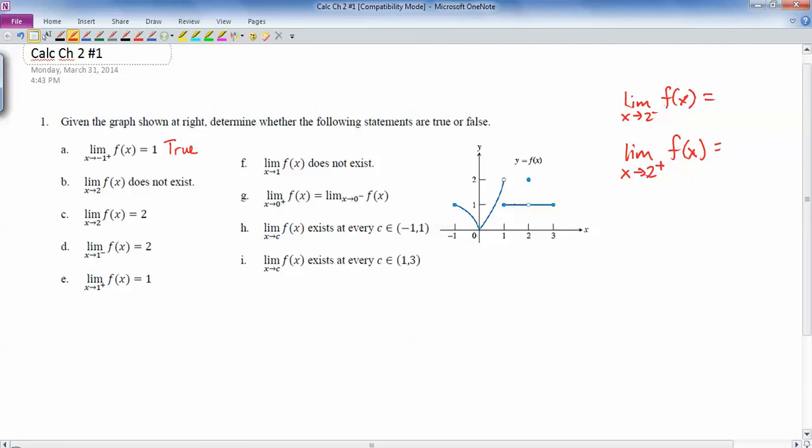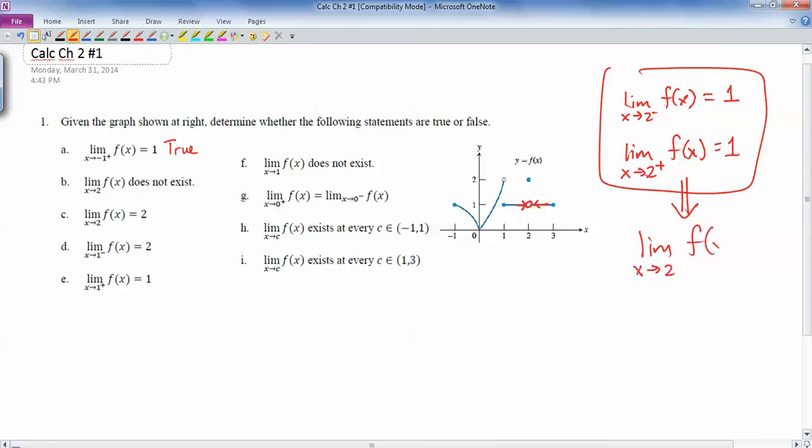From the left side, as x gets close to 2, the y values are really close to 1. Again, it doesn't matter what happens at 2, just to the left of 2. And just to the right of 2, the y values are also close to 1. And when they're the same, then you can condense it to say limit as x goes to 2, without any plus or minus, and say that equals the same value. So in this case, it does exist. It equals 1.